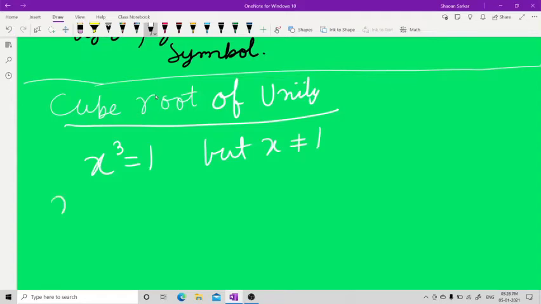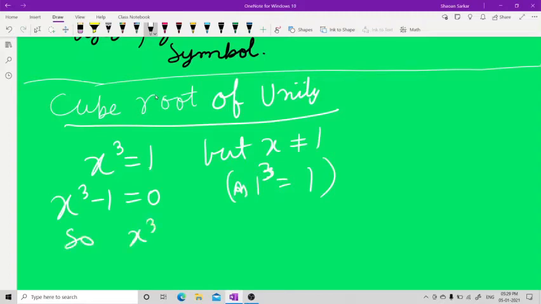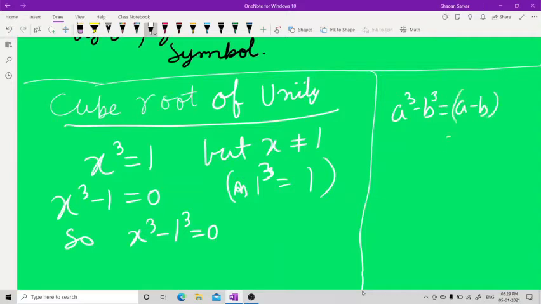Bring this 1 on this side. x cube minus 1 is 0. Then 1 cube is the same as 1, so x cube minus 1 cube is equal to 0. Use this formula that you used in smaller classes: a cube minus b cube is equal to a minus b into a square plus ab plus b square.